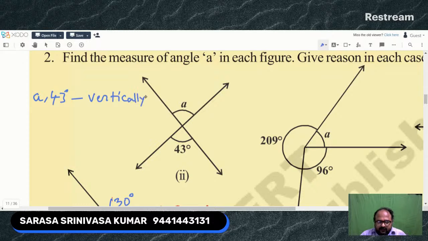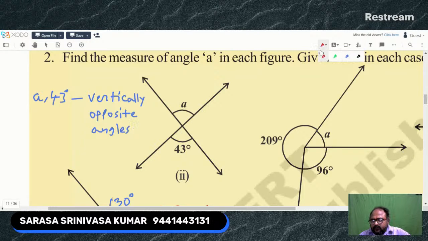Students can respond to this. What is the definition of vertically opposite angles? And what are the properties of vertically opposite angles? You can respond to this.